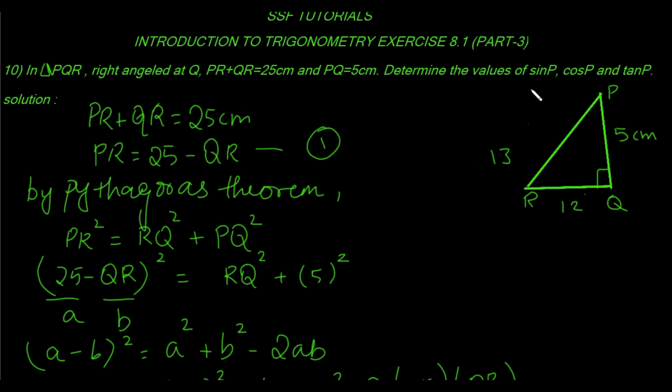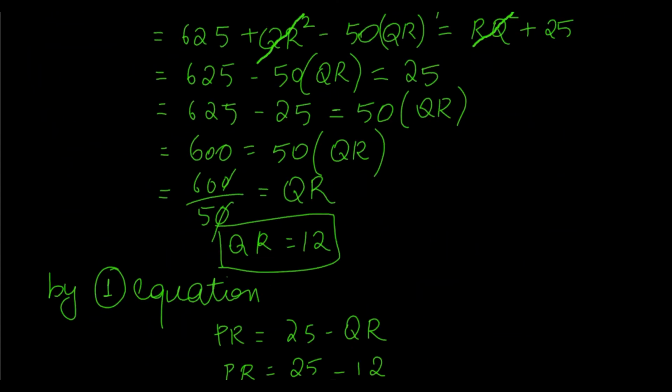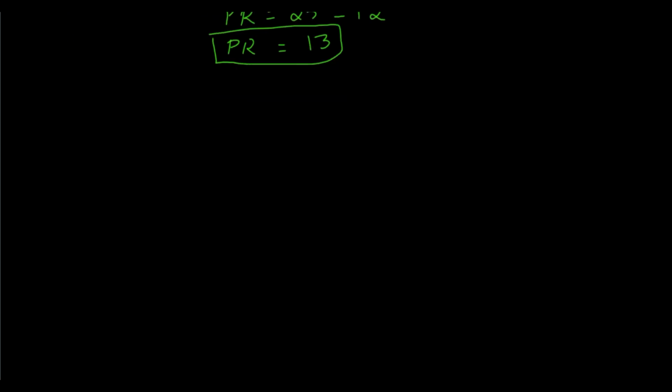So now let's find the value of sin P, cos P and tan P. Let's write the trigonometric ratios first and then let's find the values. Sin P is equal to opposite side divided by the hypotenuse side.